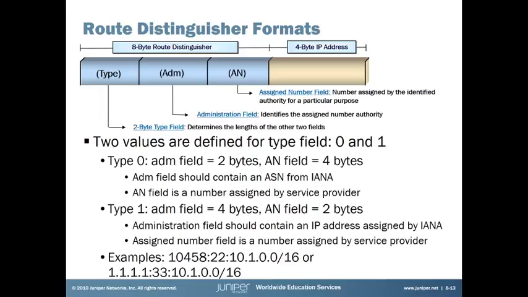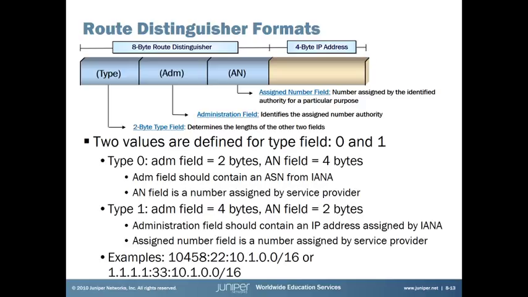If you're using a type 0, the admin field is going to be the IANA assigned autonomous system number, so the provider's autonomous system number will go in there. And then the AN field is a number made up by the service provider. So what you typically do there is you would have a separate number for every virtual routing and forwarding table that you're operating. They all have a unique number.